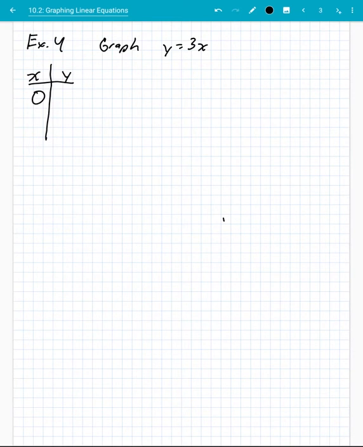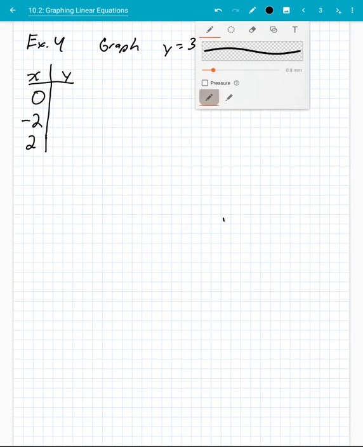Now, for this equation, I notice strategically the easiest way to graph it is to always substitute values for x. I pick 0, and I'm going to pick maybe -2 and +2. The reason is that whenever we substitute something for x, we end up getting y automatically.